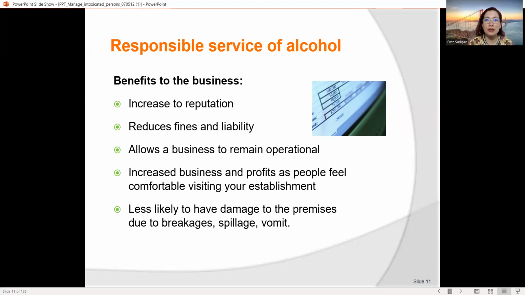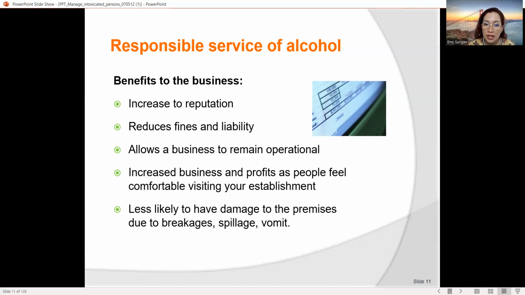Because in a bar, if there are drunk or intoxicated people, they may harm you. If that happens and there's no security, your reputation will decrease. That's why there are benefits if you have responsible service of alcohol.